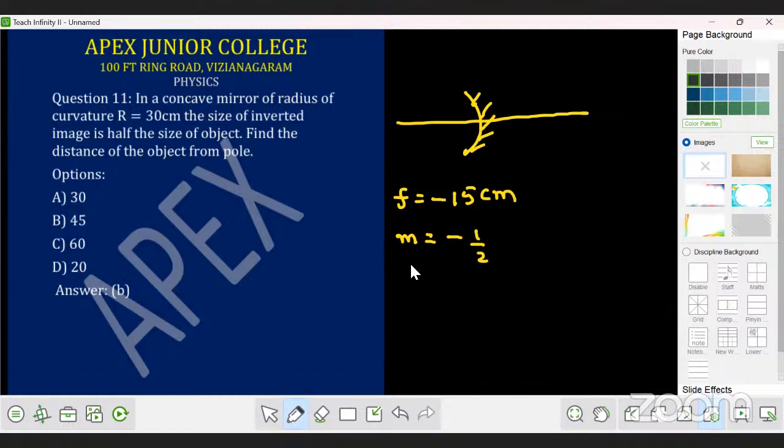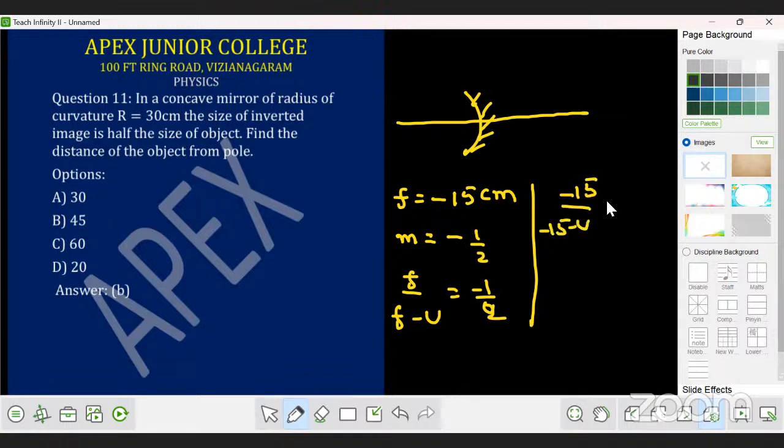Okay, what is the general formula here for magnification in case of concave mirror? F by F minus U equal to minus half. And now you can calculate that. What is the focal length given? Minus 15 by minus 15 minus U equal to minus half.